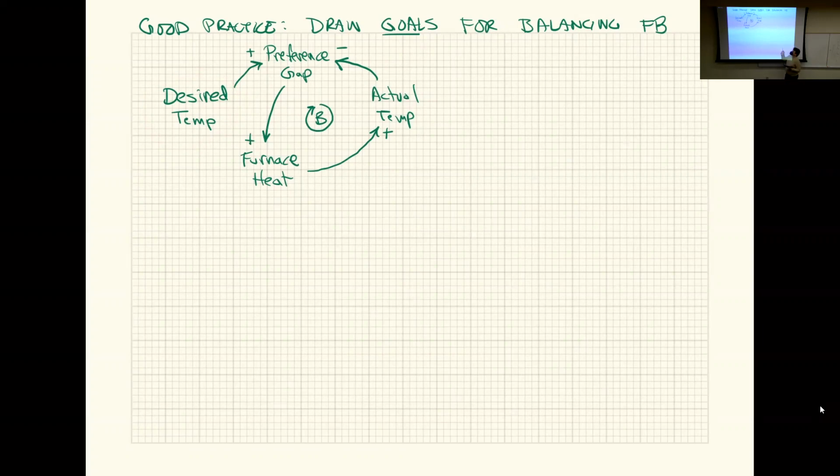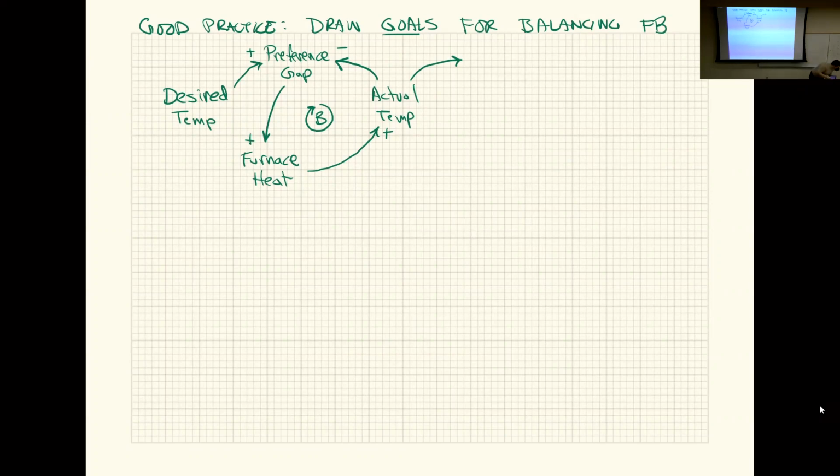Now, there is another balancing feedback loop that's happening that it's tempting to not draw the goal for. And that is the balancing feedback loop that's trying to bring my house's temperature down to the outside temperature. In that case, my actual temperature goes into, well, I'll draw the full loop and then I'll show where I could have taken a shortcut.